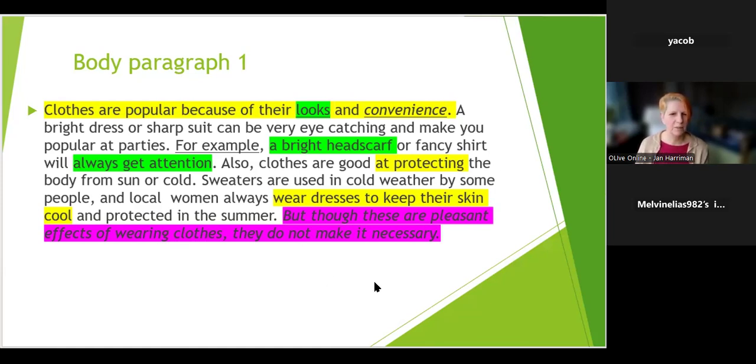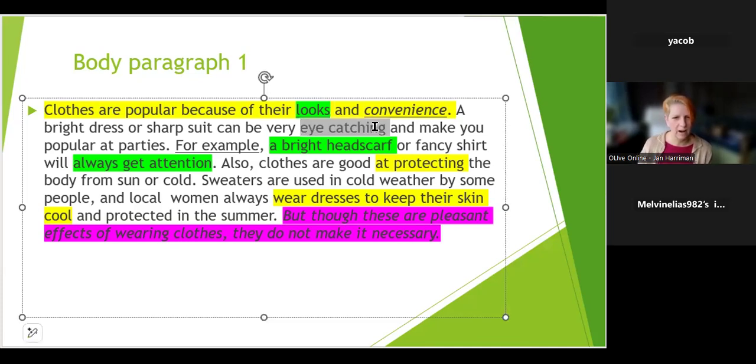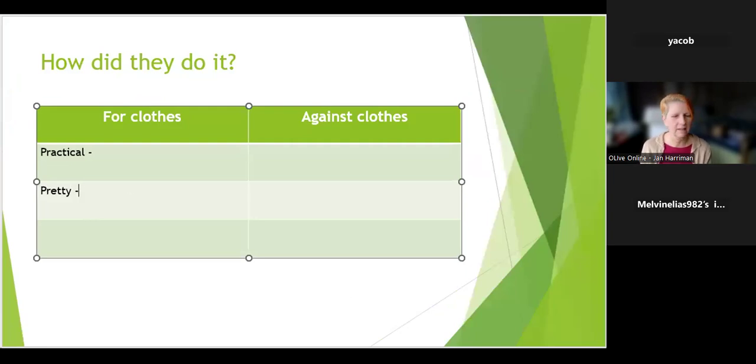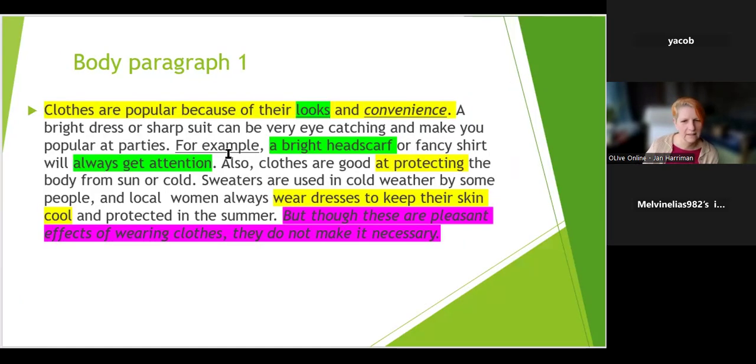So what are our examples? So the words we used were eye-catching, right? So down here under pretty, we've got eye-catching. What else was said? What about protection?